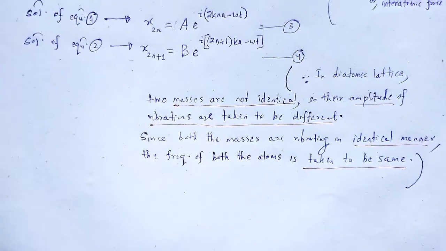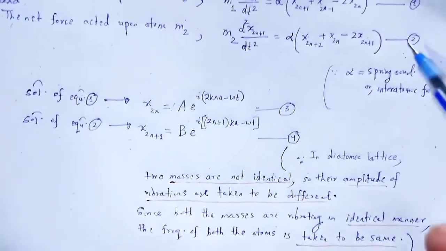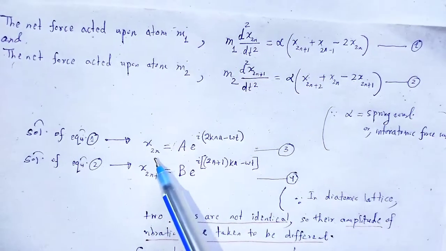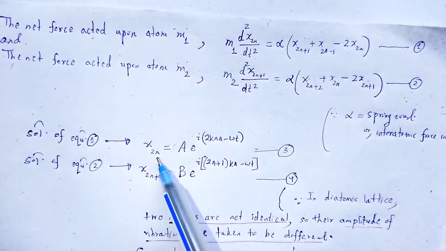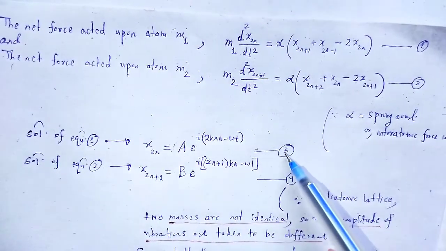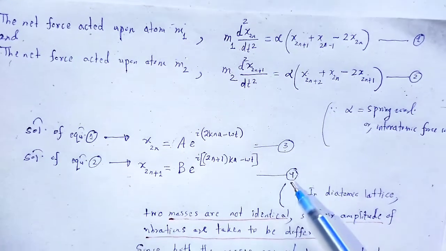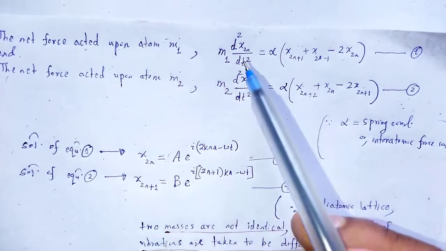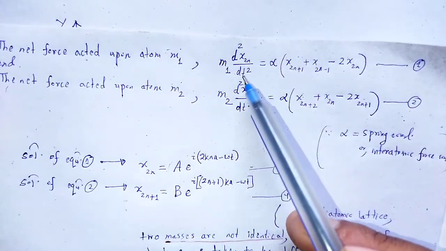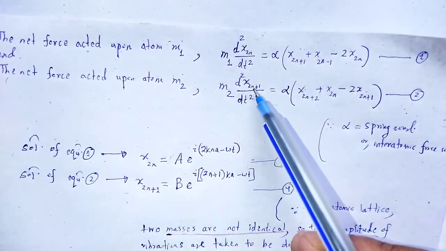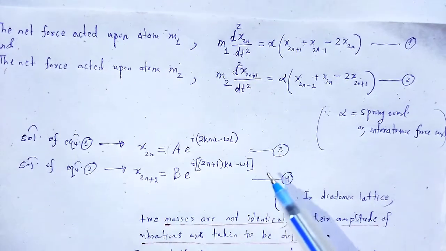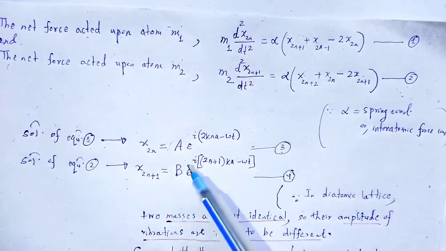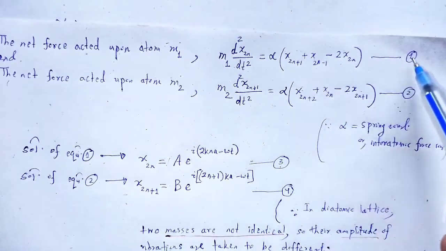Now we have to differentiate equation number 3 and equation number 4 twice. So we obtain d²x₂ₙ/dt² and d²x₂ₙ₊₁/dt², and these two values are put in equation number 1.